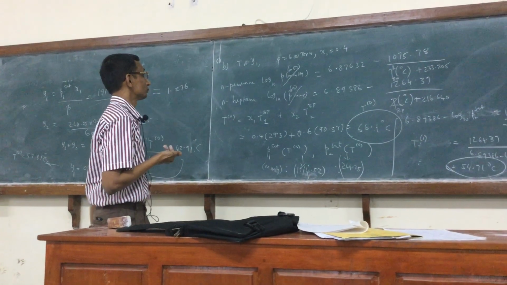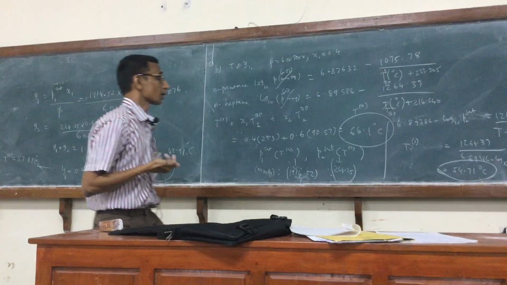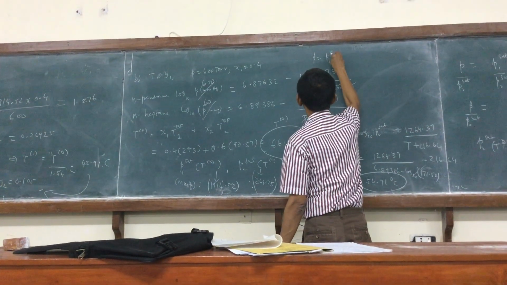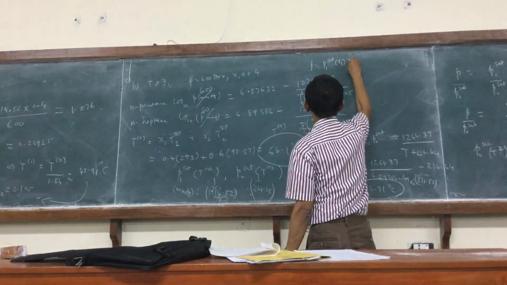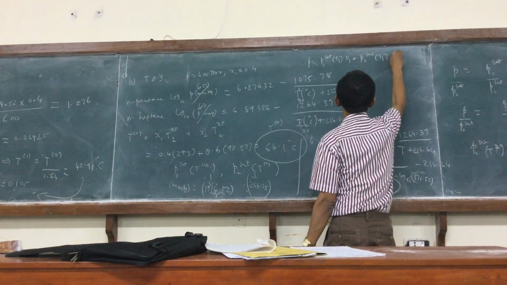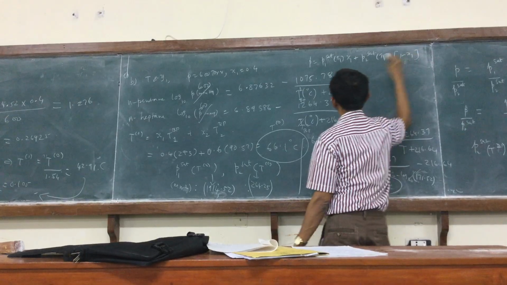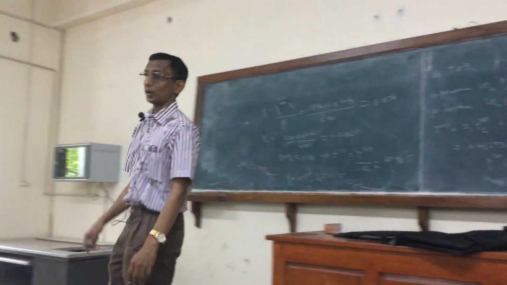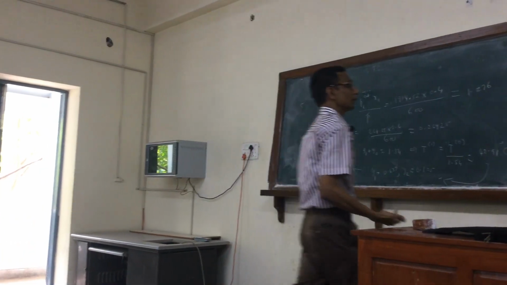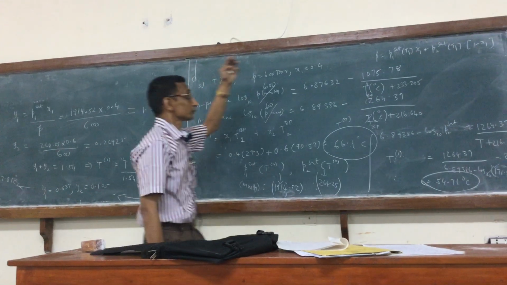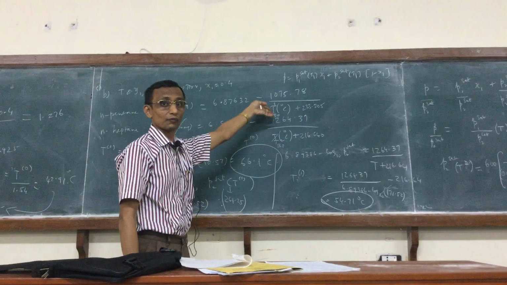P is given. You have only one equation in T, so you have to get the T. Might be, I don't know what type of equation you will get. You can try that. You can solve it.